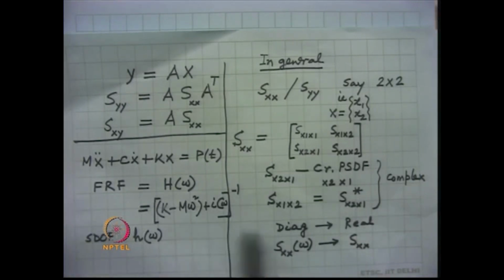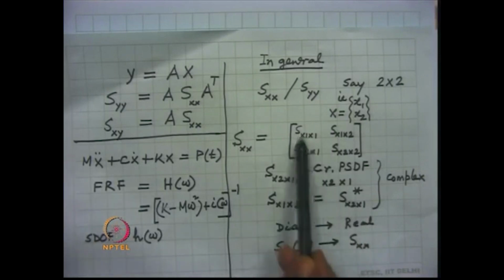So that is the difference between the single quantity as the cross power spectral density function and the matrix case. In that case, x1 and x2 will be the two vectors.